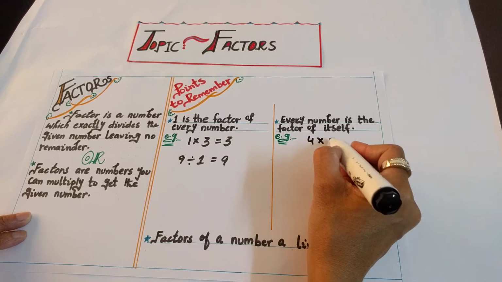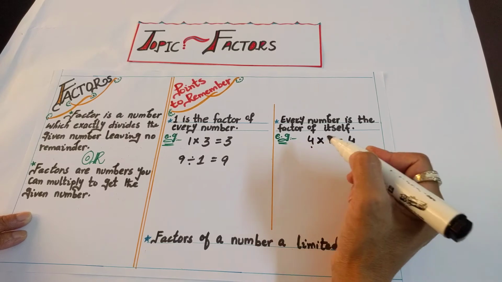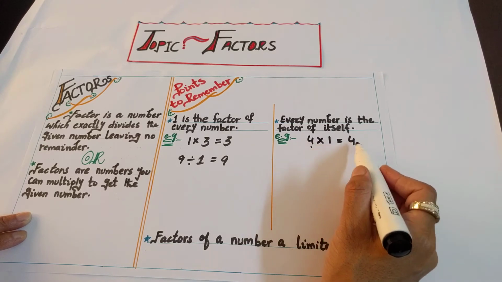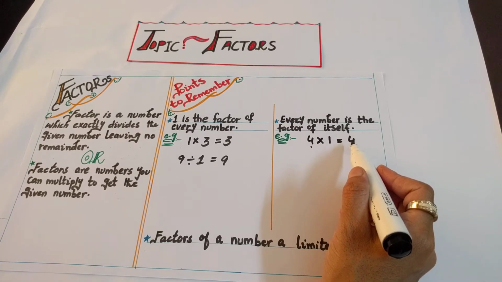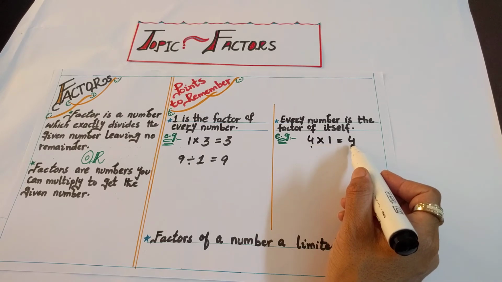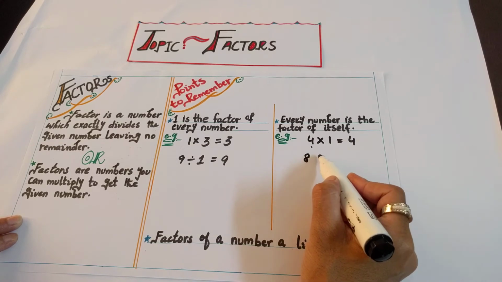The given number is actually 4. When we multiply this given number by 1, we get 4 as a product. So any number multiplied by 1 gives the number itself. Same, we can check it by division.